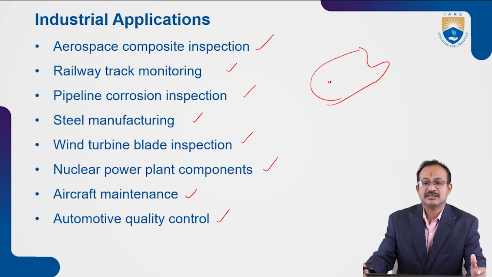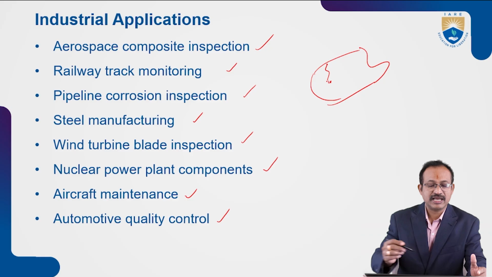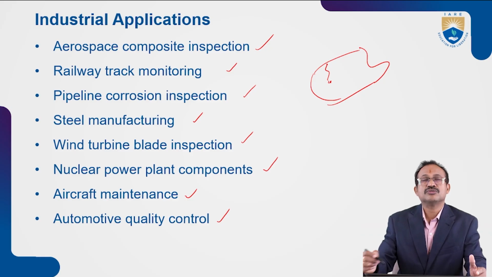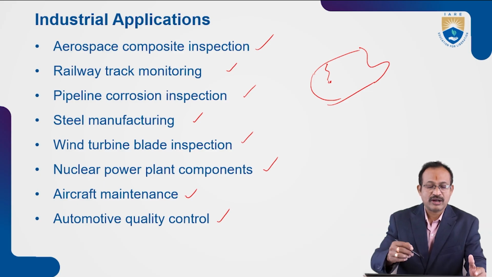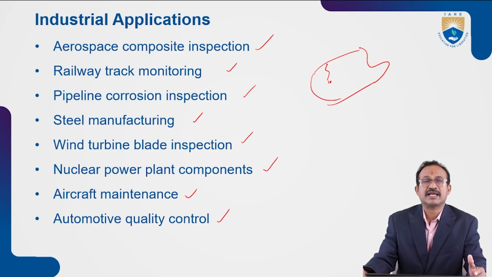Definitely the crack will propagate and lead to failure. Similarly, railway track monitoring. While trains run over these railway tracks, definitely some very minute cracks may propagate. So we have to inspect those railway track systems.